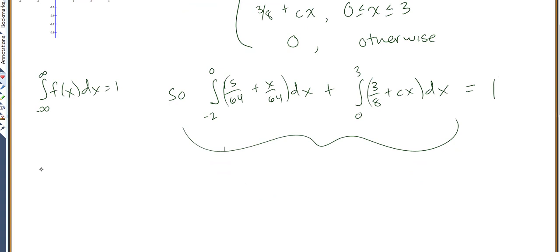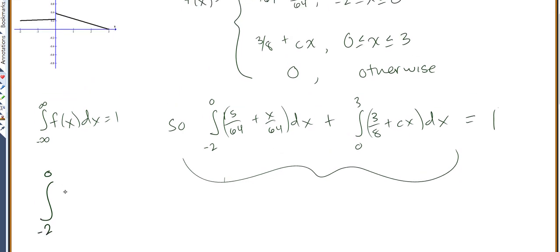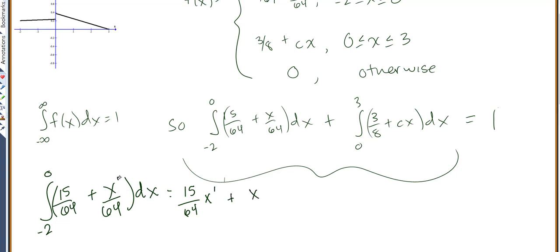So I'll do it one piece at a time. First I'll integrate from negative 2 to 0 of 15 over 64 plus x over 64 dx. Okay. To integrate this, when you have a constant and you integrate, you get x to the power of 1. So 15 over 64 x to the power of 1. Plus, now this x was before to the power of 1, so to raise it by 1 power, now we'll have a 2, and you divide by your new power.